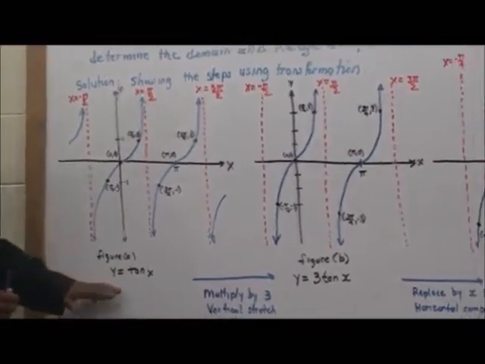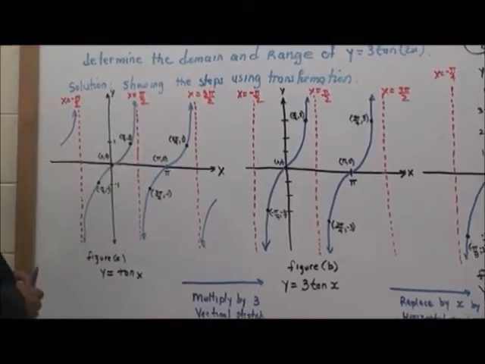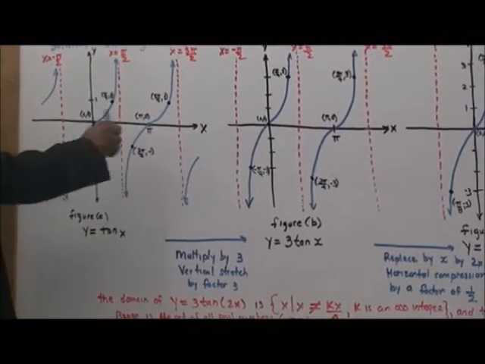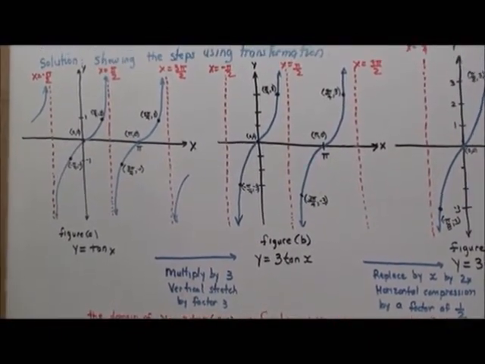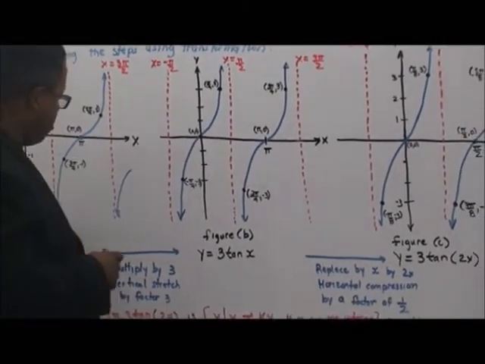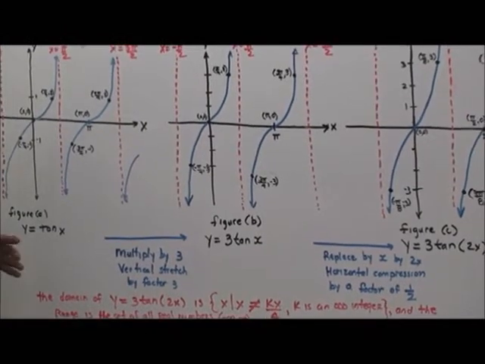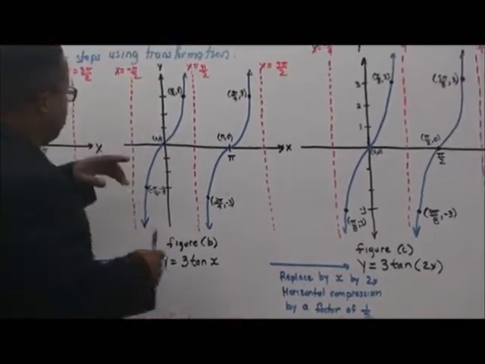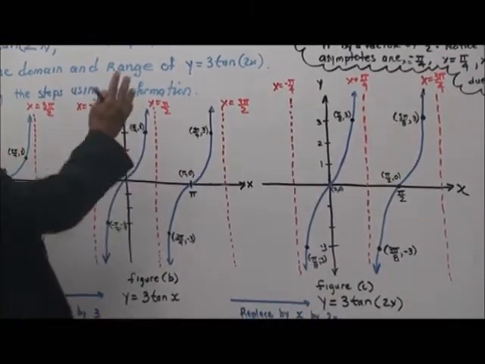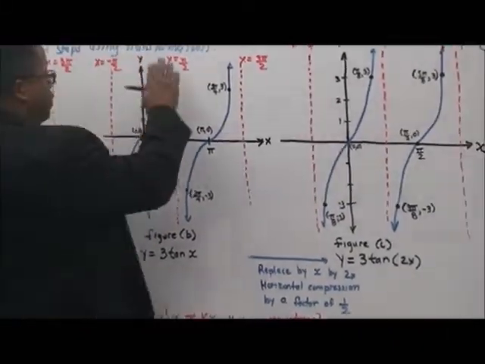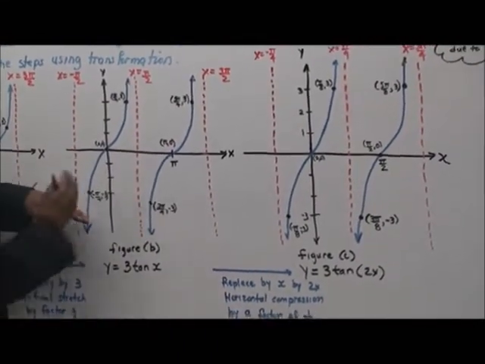Okay, look what we have here. We have y equals tan x, the basic trigonometric function, graphing this. And here we're going to multiply by 3 to get the vertical stretch, by a factor of 3. So you see, of course, this is a magnitude stretch. It's the magnitude of this thing that stretches, from this point to this point.